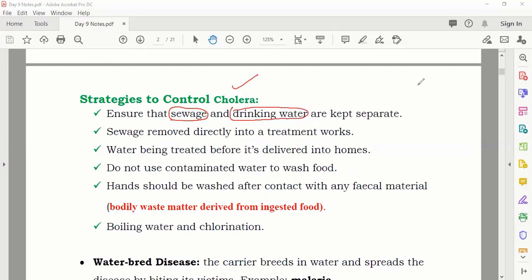You know what the issue is? Sometimes in some countries, there is a pipe system for sewage. All the sewage from homes comes into it, and the drinking water pipe also goes nearby.